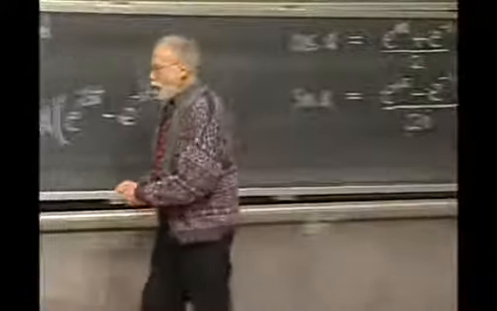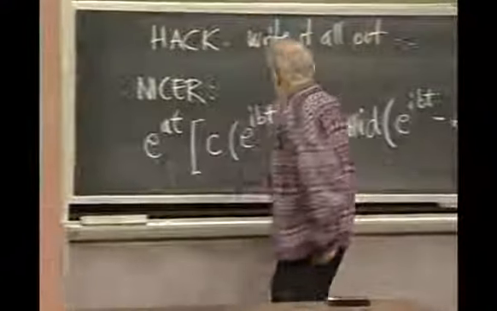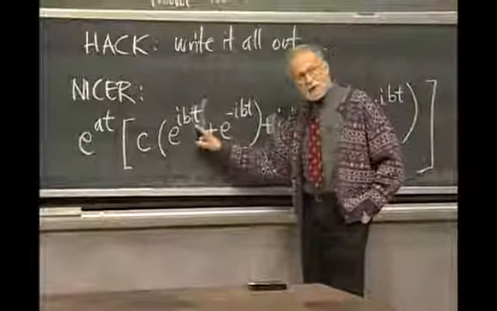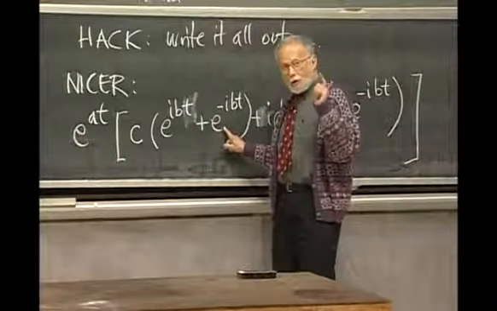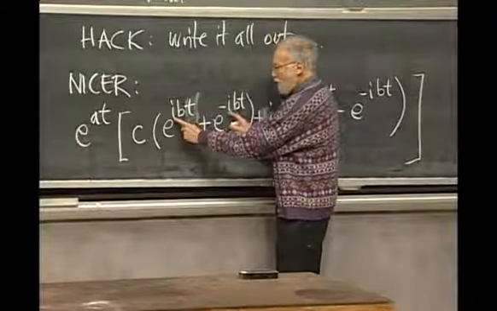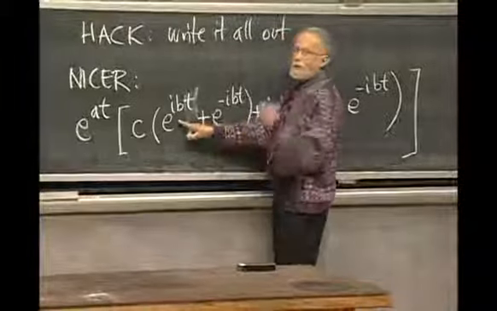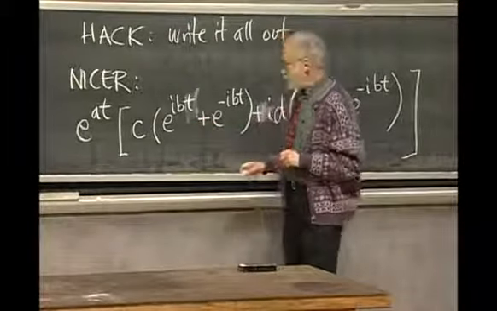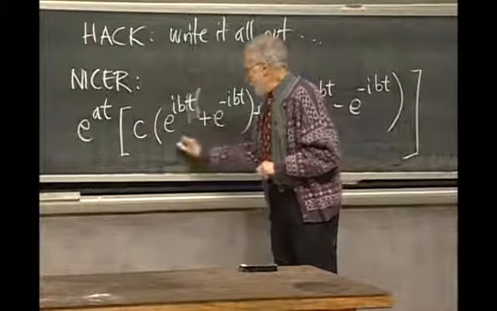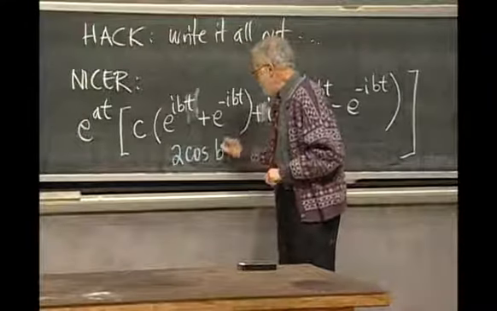All right, so what does this come out to be, finally? This particular sum of exponentials you should always recognize as real. You know it's real because when I change i to minus i, the two terms switch, and therefore the expression doesn't change. What is it? This part is twice the cosine of bt.